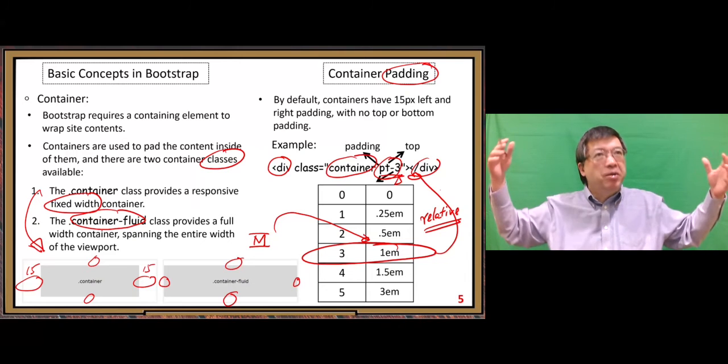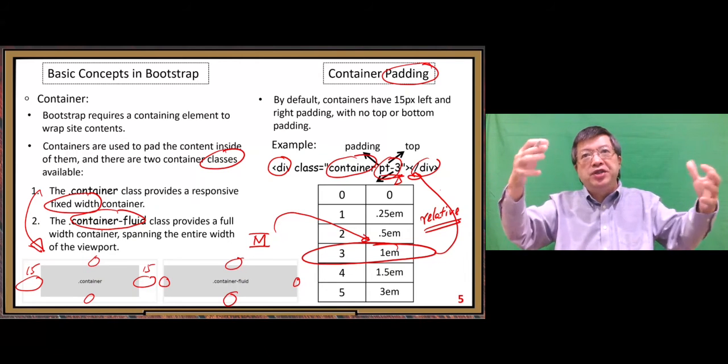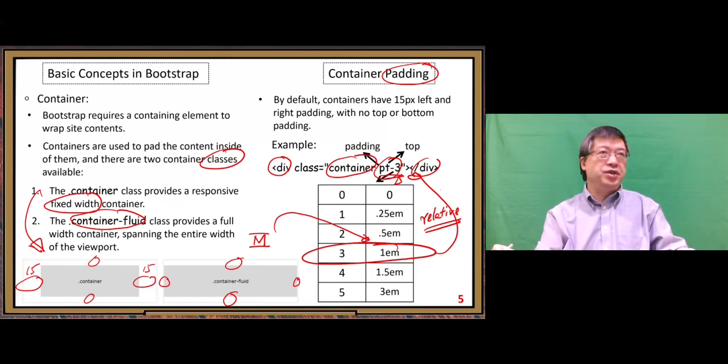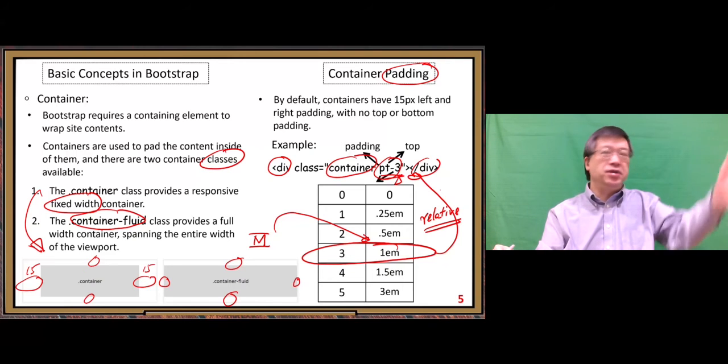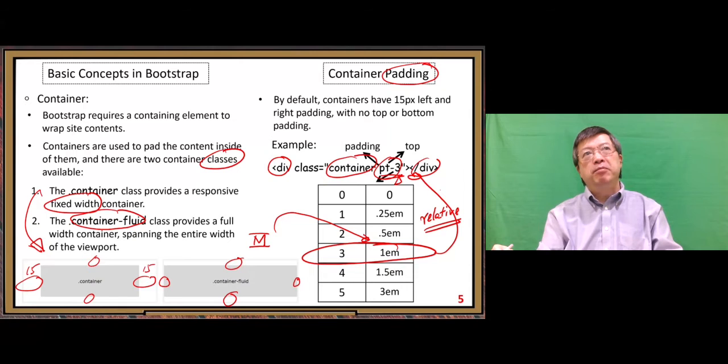It tries to simplify the way we use CSS. We can use regular CSS to do the same thing, but using Bootstrap, we can do it faster with less code and more features. So that's the idea.